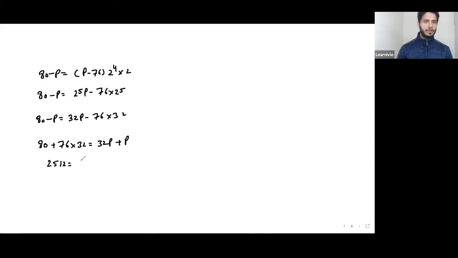So 2512 is 33P. So P comes out to be 2512 divided by 33, which is 76.12 centimeter of mercury.